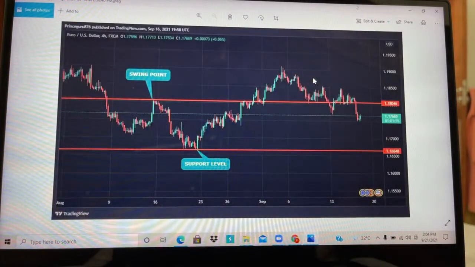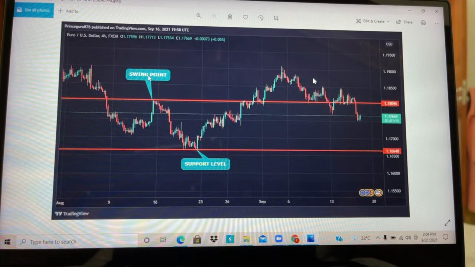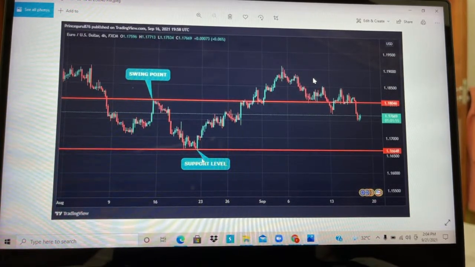What we did the last time was a bit of information about the swing points. Yes, we are talking about the swing points, which we said are equivalent to the resistance level, and then the support points.